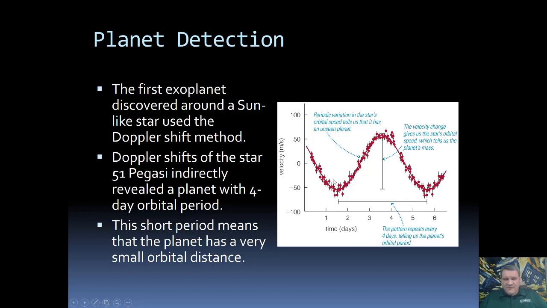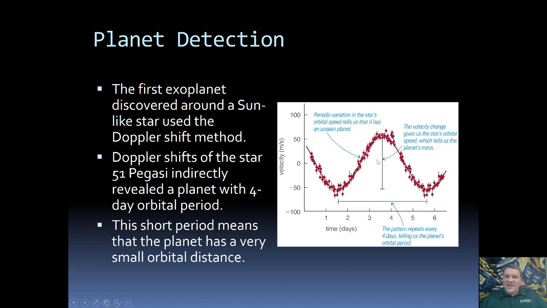So notice from the point where it's closest to us, and then here, and then it's closest to us again over here. This shift is 4 days. This planet is orbiting around its star in just 4 days.